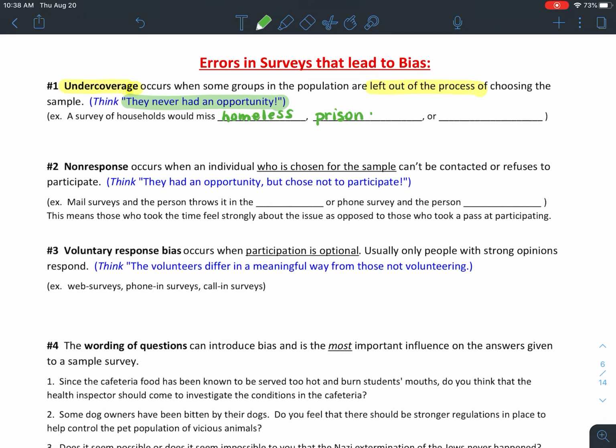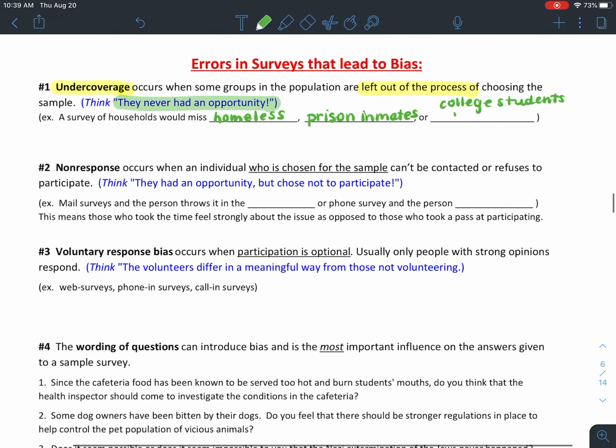Maybe anyone who is a prison inmate, and they don't have a household, they would be excluded from this particular sample, or maybe college students in dorms. They're not in a household possibly here. So this would be an example of undercoverage because people that fall into these categories were completely left out of the process.